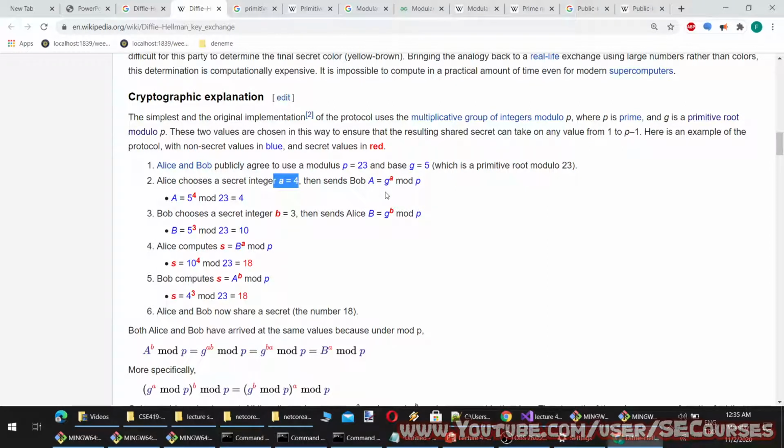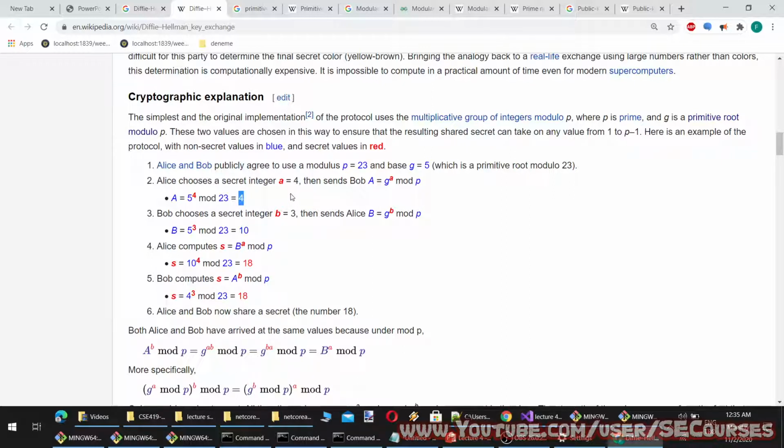However, Bob is receiving number A, which is g^a mod p. What does that mean? That means that 5^4 mod 23 is 4. So Bob is receiving the message as 4.